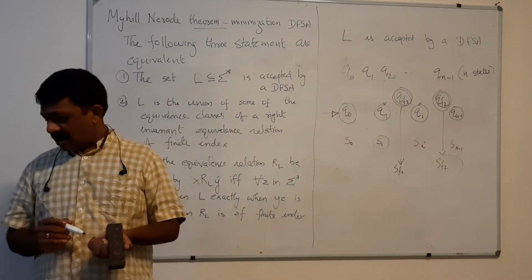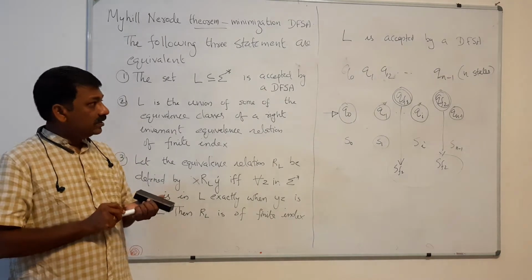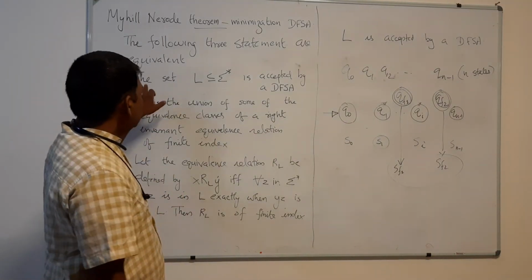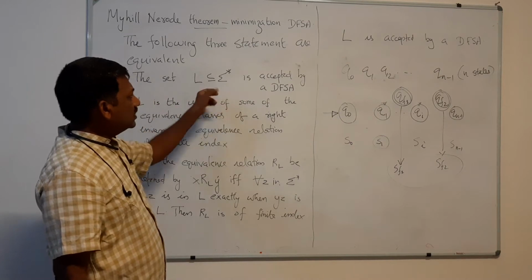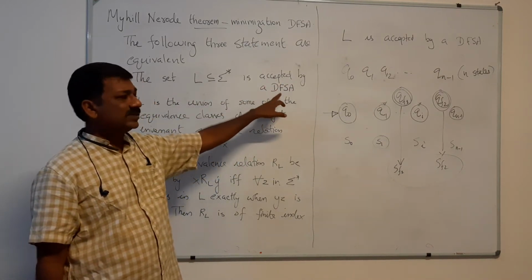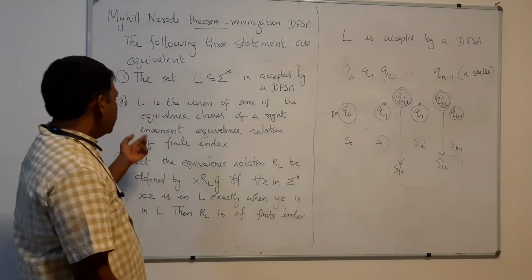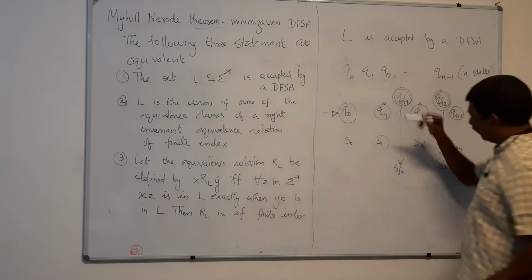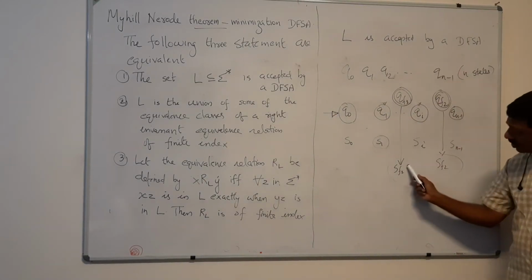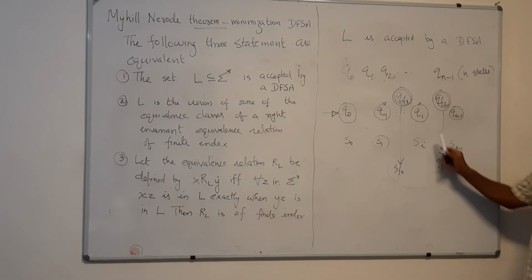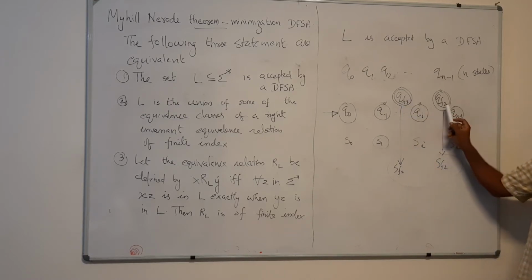That means the set L, a subset of sigma star, is accepted by a deterministic finite state automaton. Now L is the union of sf1 and sf2, where the final states are qf1 and qf2.